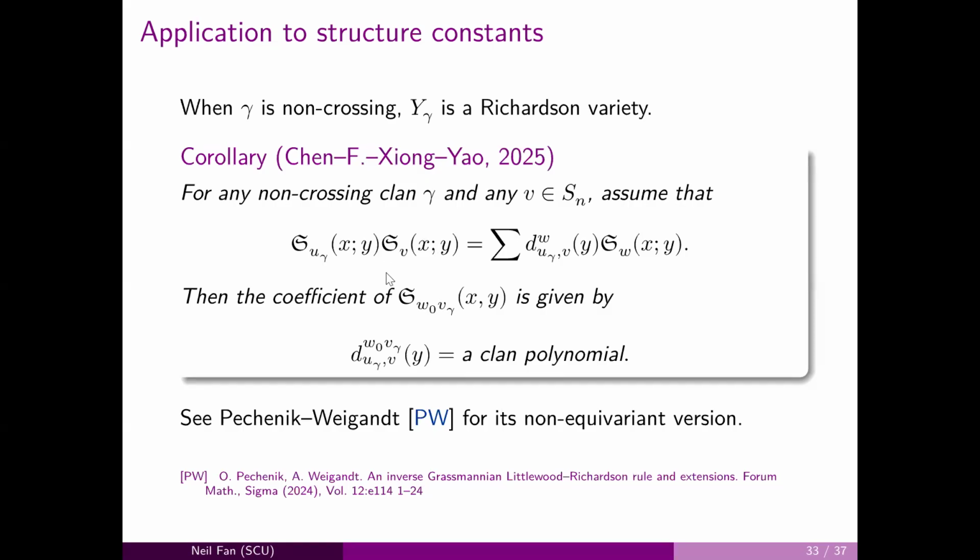We want to extend the result to the equivariant case, but we just obtain one coefficient is a Klyachko polynomial. We don't know the other coefficients now. So this is our first application.